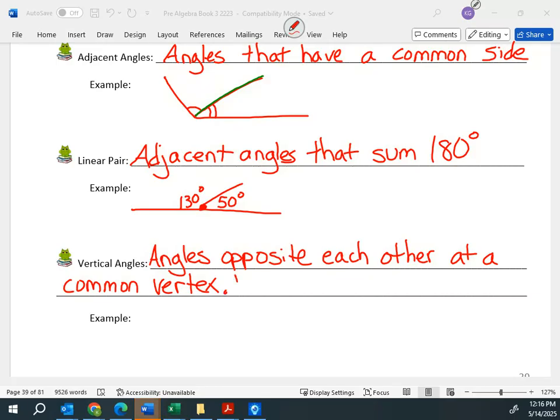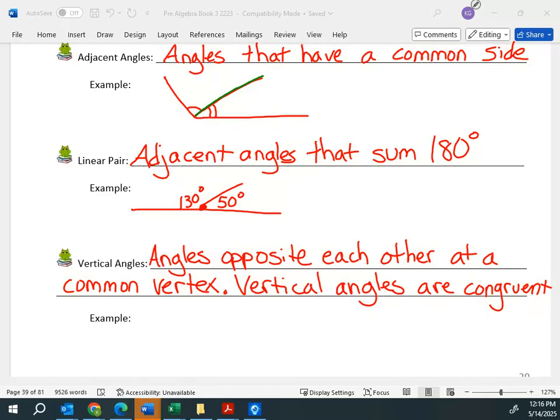Vertical angles are congruent. Who remembers what, did I just say congruent means? Vivi? They have the same measurement. So if they are vertical angles, they will have that same measurement.